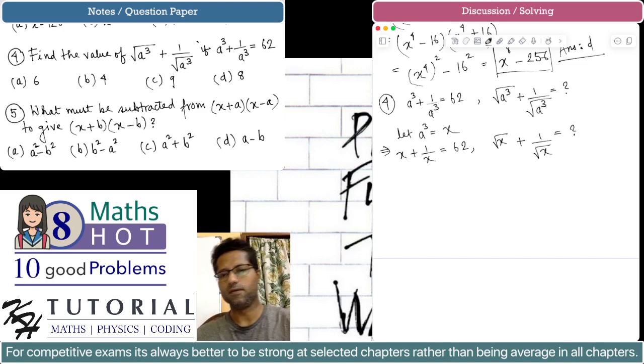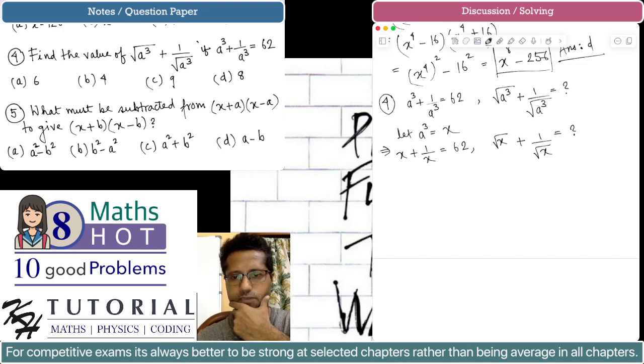You can easily reframe the given values as this, because the power 3, the cube, is not playing any role. Okay, so how do we find square root of x plus 1 by square root of x, where it is given that x plus 1 by x is 62?